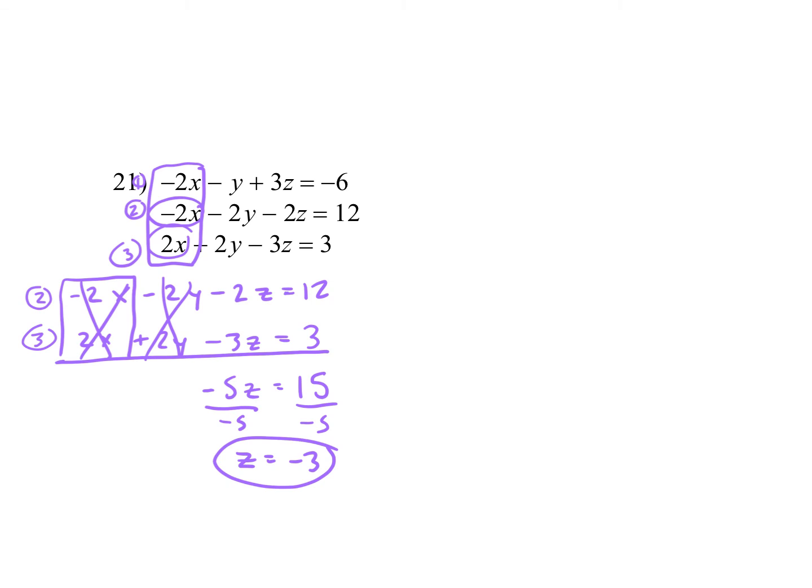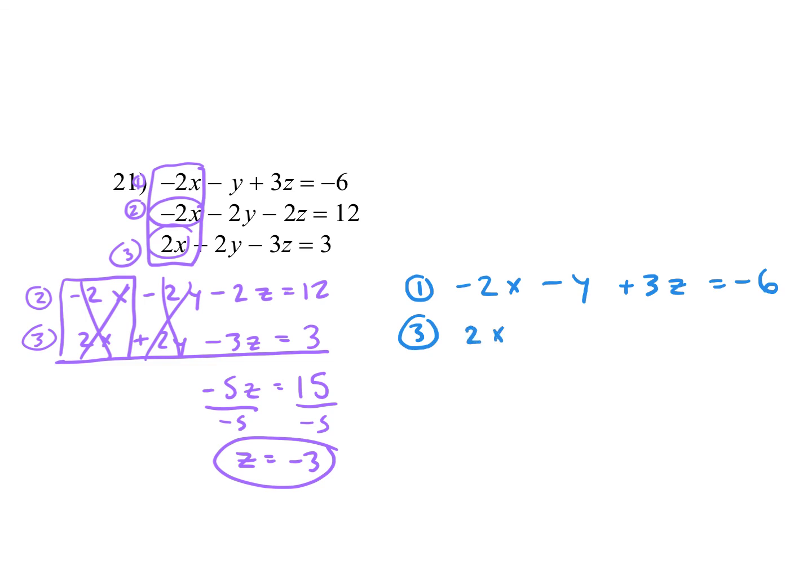What should I do next? So you have to do this step twice. What's two equations that I can pick? 1 and 3. So 1 is negative 2x minus y plus 3z is equal to negative 6.